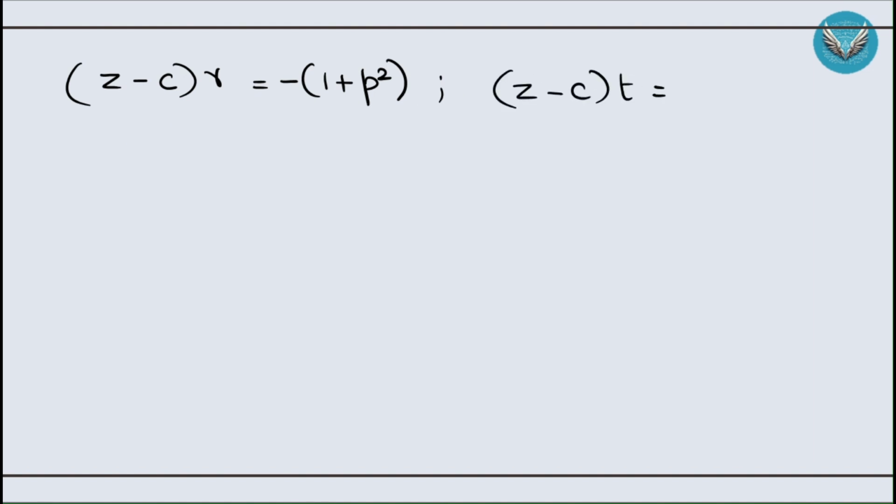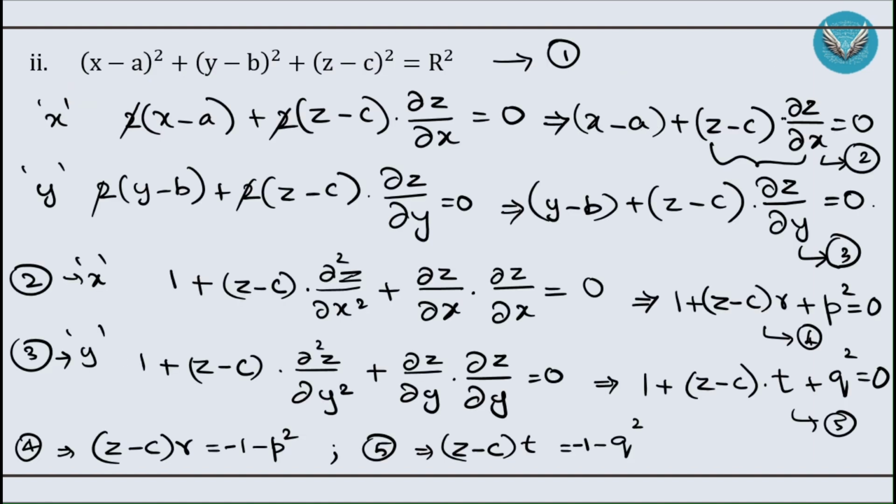So (z minus c) into r is equal to minus of (1 plus p square), and (z minus c) into t is equal to minus of (1 plus q square). These are obtained from equations 4 and 5.